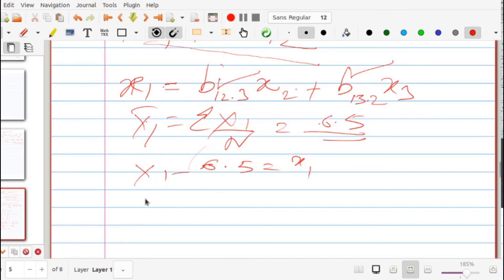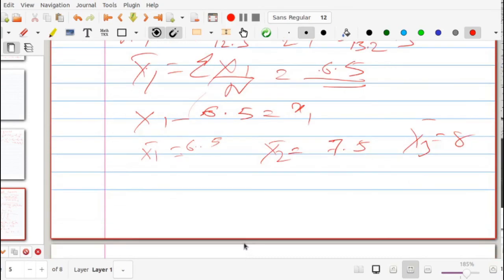Let us say x1 mean is 6.5 here, x2 mean is 7.5, and x3 mean is 8. So finally you substitute the value once you get x1, x2 and x3 using the equations that I showed you, right?